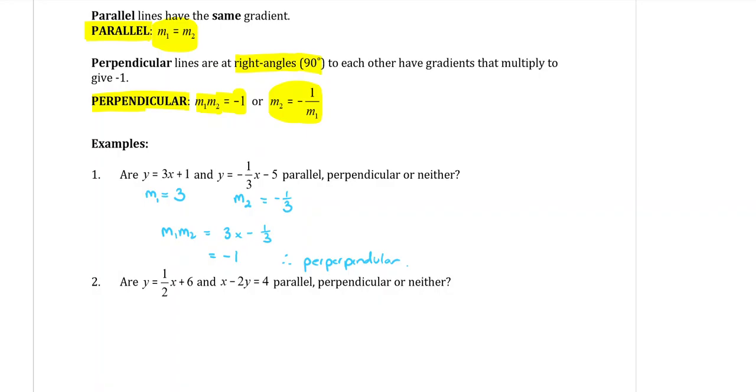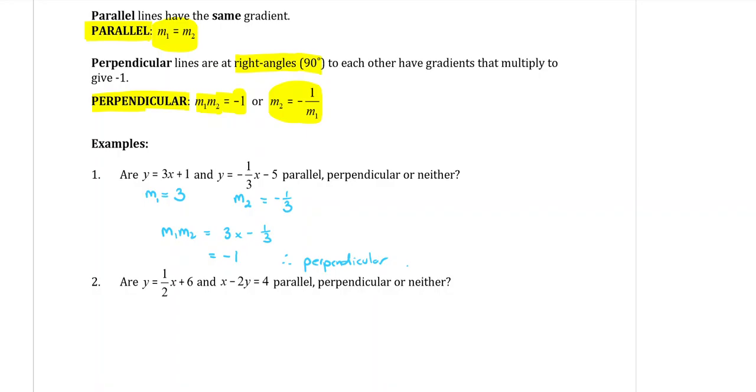If the gradients are not the same and they do not multiply to give -1, that would mean that they are neither. Let's try another question.